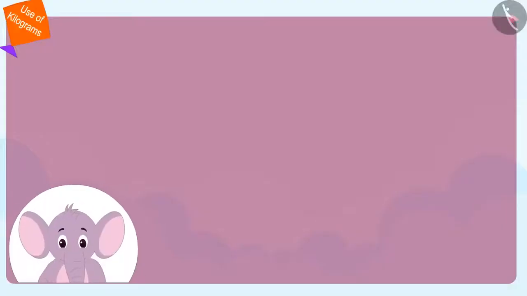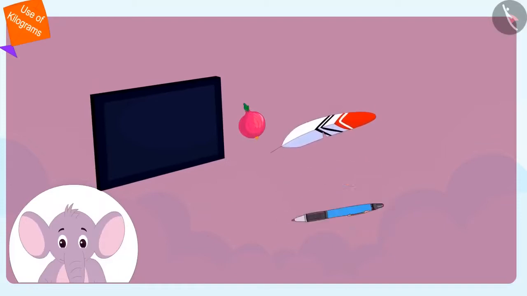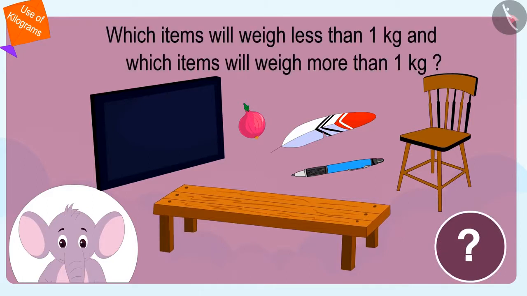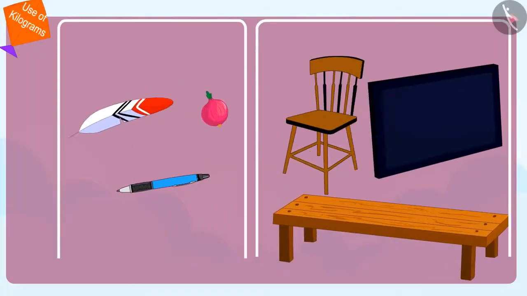Kids, here are some items of Appu's house. Can you guess which of these items will weigh less than 1 kg and which will weigh more than 1 kg? If you want, you can pause the video and find the answer. Well done, children!